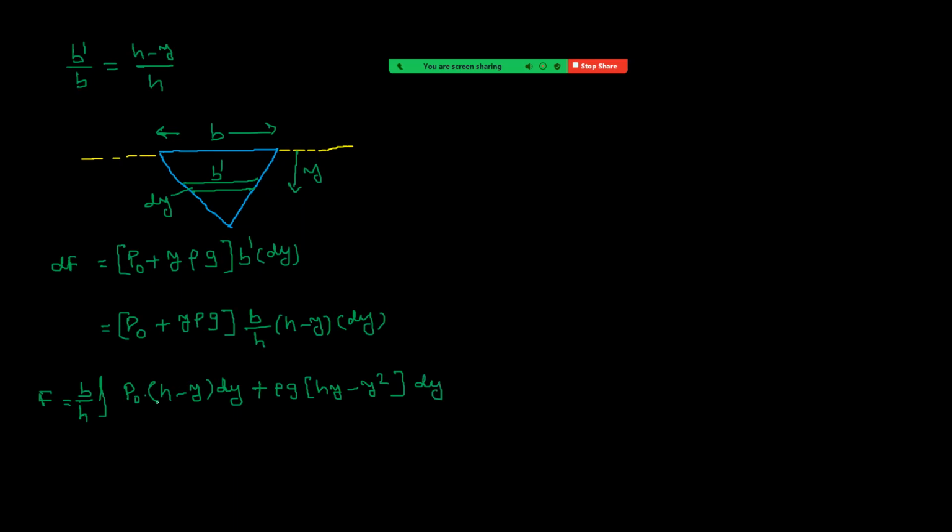Cross check once: P naught into H minus Y dy. Next, rho G into Hy minus Y square into dy. Like this, we have to take all rectangles from y equal to 0 to h. Okay. Now see the calculation.